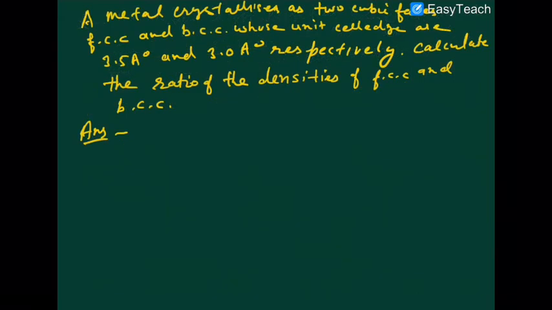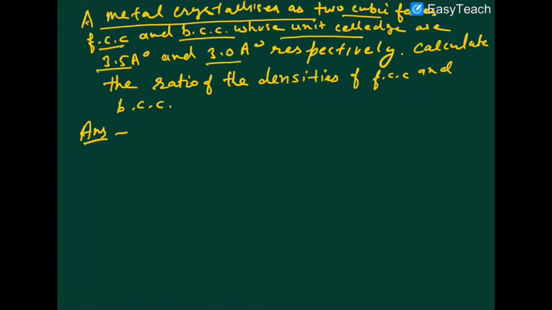Now look at a very interesting question, that a metal crystallizes in two cubic phases, either as FCC or as BCC, and whose unit edge lengths are 3.5 angstrom if it is FCC, and 3 angstrom when it is BCC.